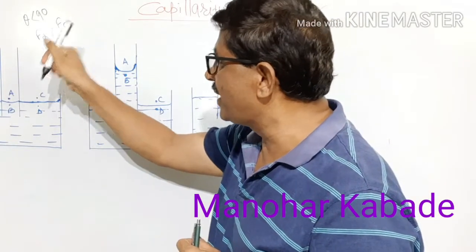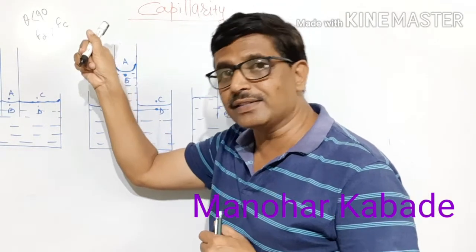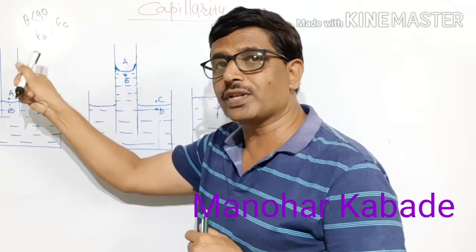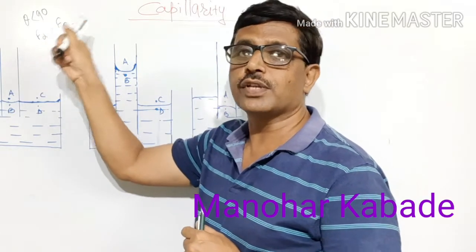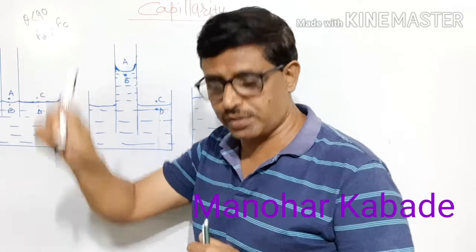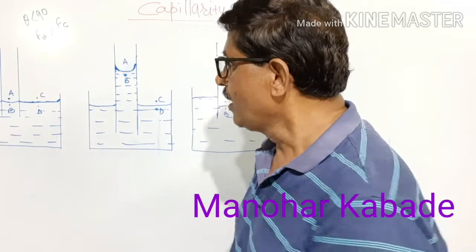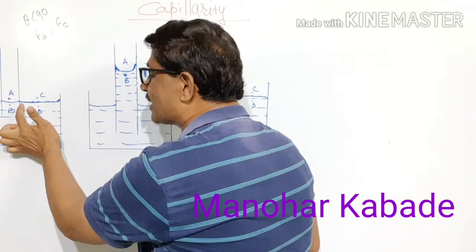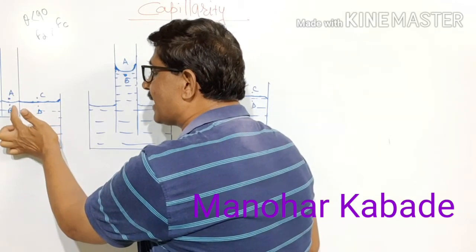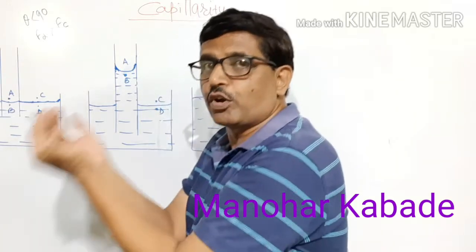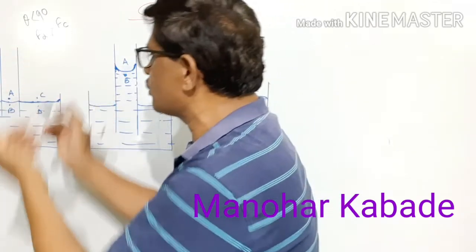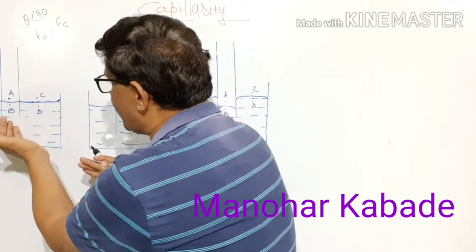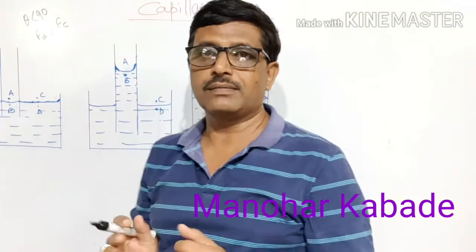Adhesive force between the liquid molecules and the solid molecules is more than the cohesive force between the liquid molecules. Therefore, the molecules of a liquid which are in contact with the solid have a greater adhesive force, and the liquid molecules attach with the solid molecules and they move up.